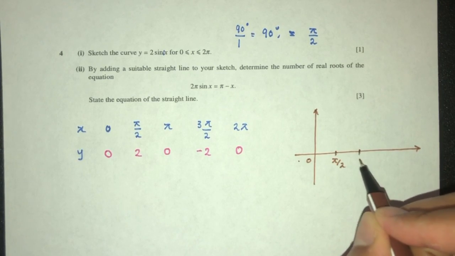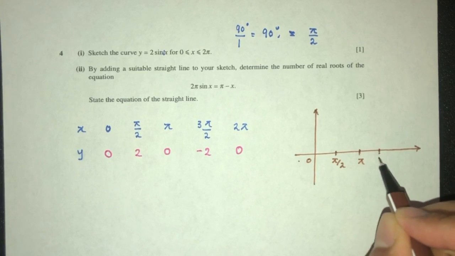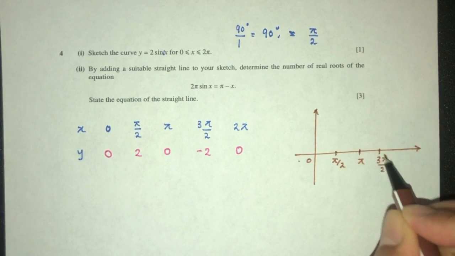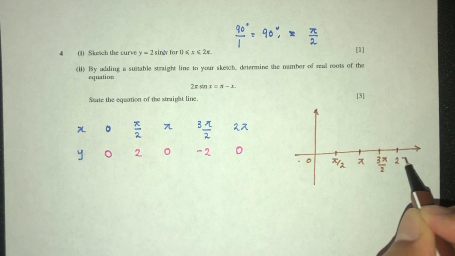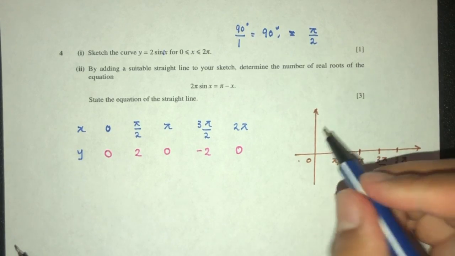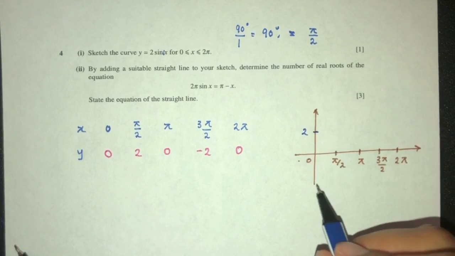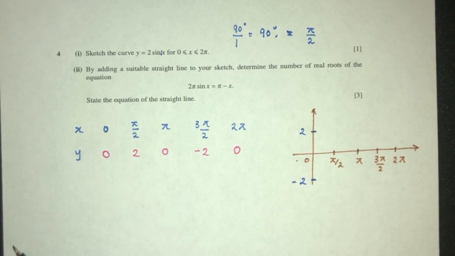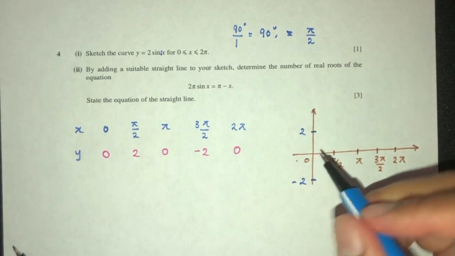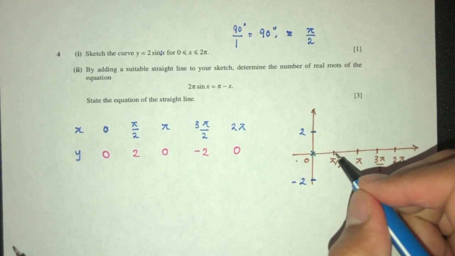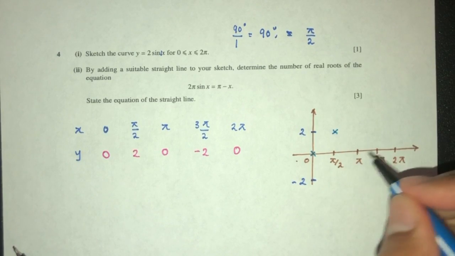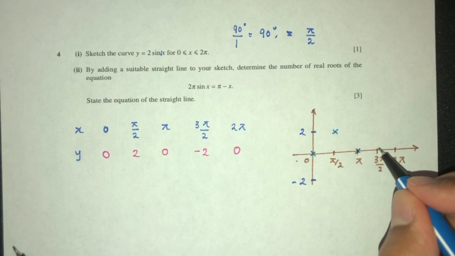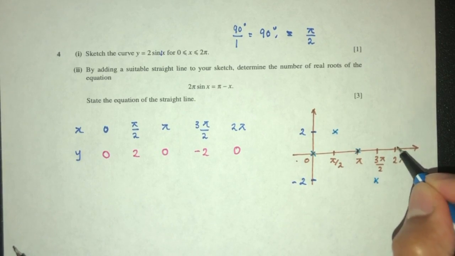We can have pi over here, 3 pi over 2, and that should be 2 pi. And here we have the value of 2 and minus 2. Again, you will have to use a pencil for your sketch, right? Now the first point is 0, 0, right here, and then here we have this 2, and that will be 0 as well. That should be minus 2, and then 0.